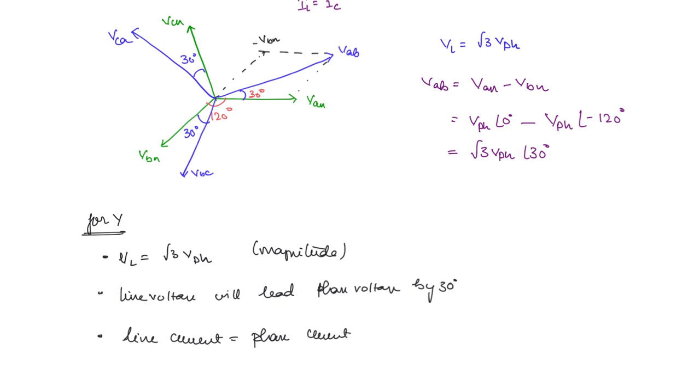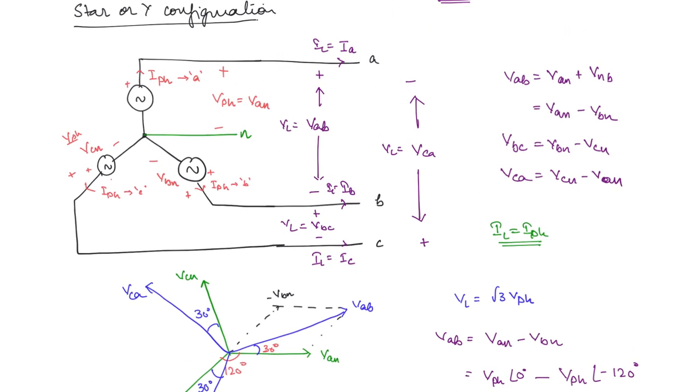Okay. And one more thing that you can see here is, this is a node, right? This is the neutral node. Now you can apply KCL here. So if this current is IA, this is IB, and this is IC. Now IN, if you take to be the neutral current, then what will happen? IA plus IB plus IC plus IN all should be equal to 0. But we know that for a balanced system, the sum of the phasors will be equal to 0.